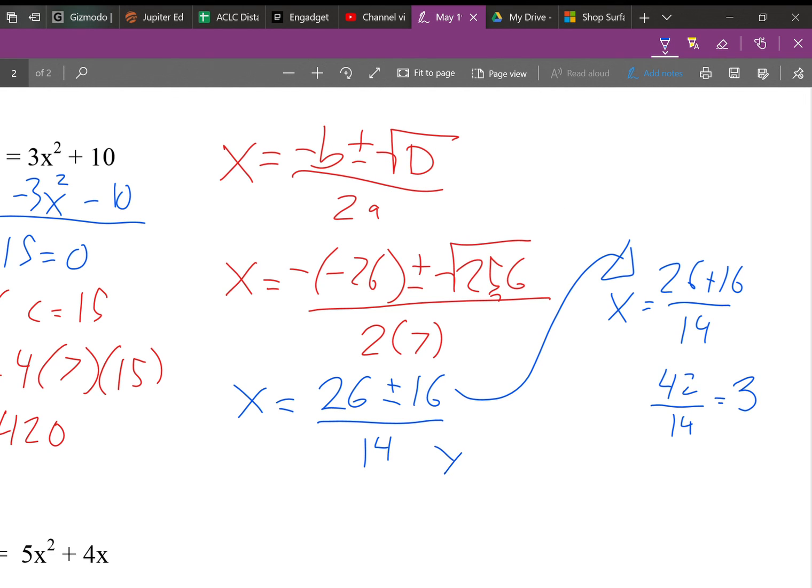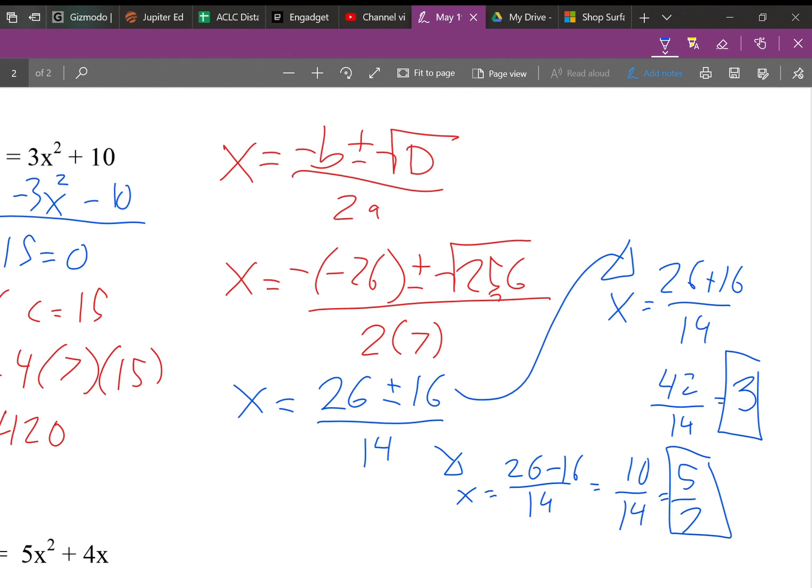And then for the negative one, x equals 26 minus 16 over 14. That ends up being 10 over 14, which simplifies to 5 over 7 when I divide the top and bottom by 2. So there are my two solutions.